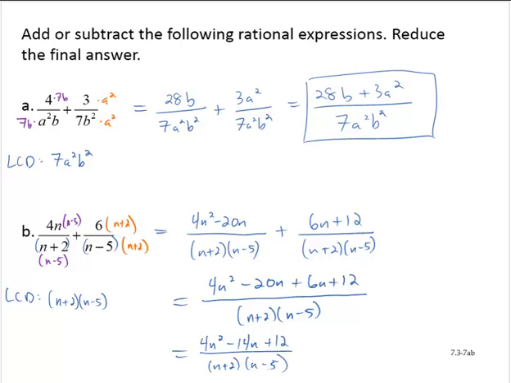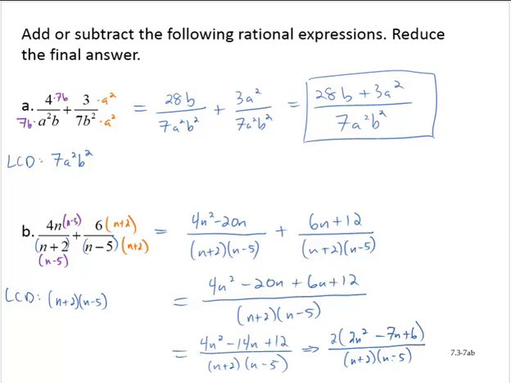Now we can factor a 2 out of the numerator. So we'd have 2 by 2n squared minus 7n plus 6 over n plus 2 by n minus 5.